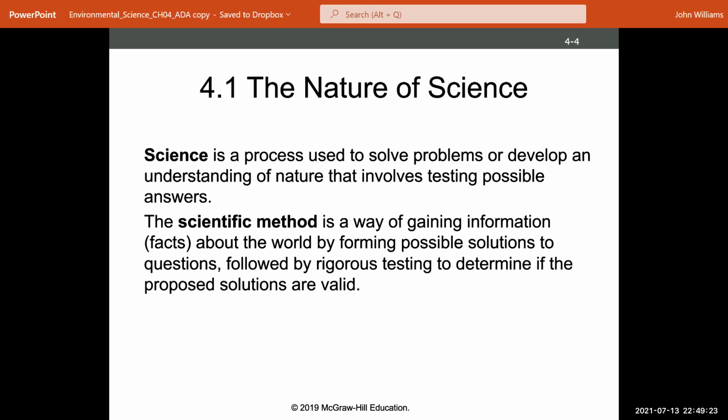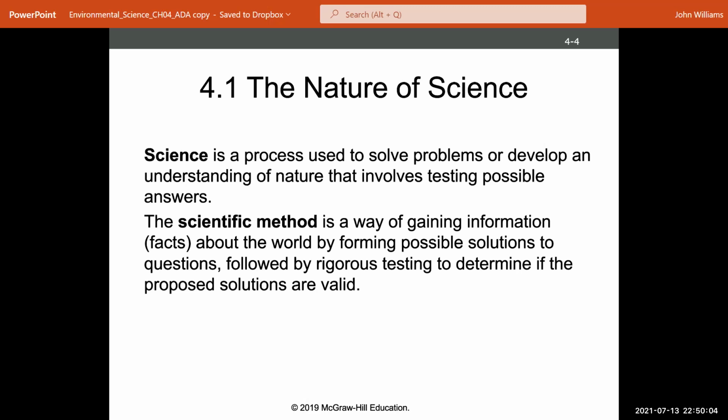But with science, we want to do this in a more rigorous format, not this random testing that doesn't have a lot of validity to the results. So what science has done is we've developed this method, the scientific method, where we can follow this rigorous testing format to determine if our proposed solutions to some observation are actually valid, if there's evidence supporting the validity of that observation.